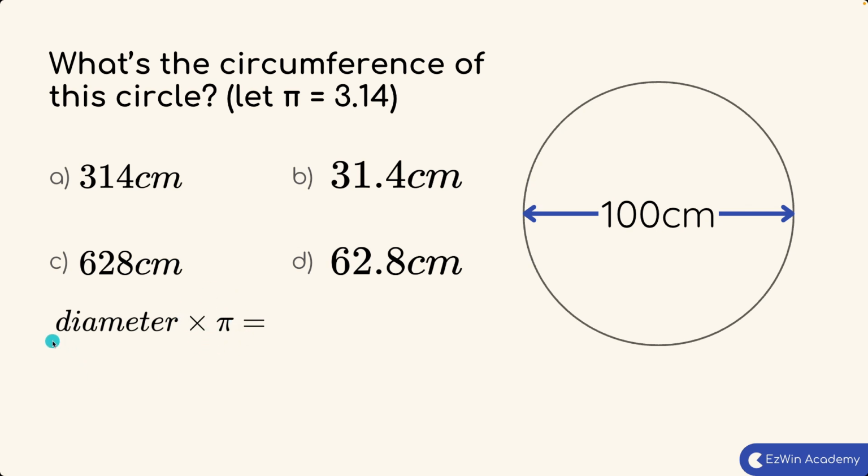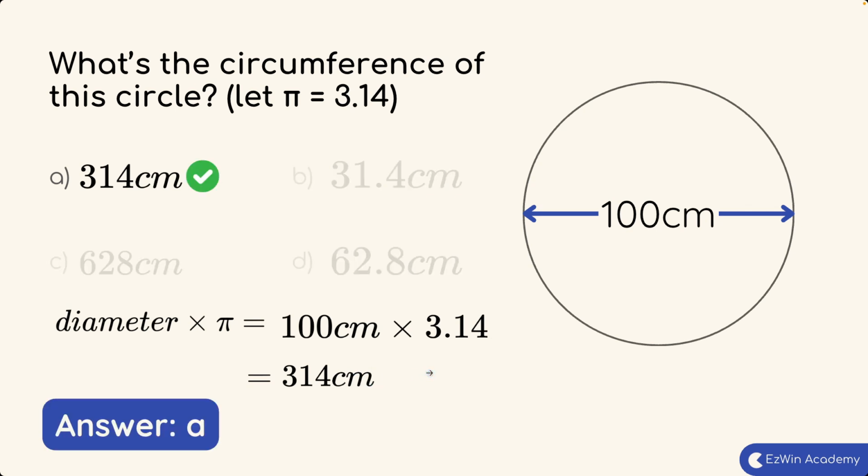So we're going to swap the value of the diameter with our circle's diameter over here, which is 100 centimeters. And our pi is 3.14. So what is 100 centimeters times 3.14? If your answer is 314 centimeters, you are right. And if your answer is A, congratulations, you got 1 mark.